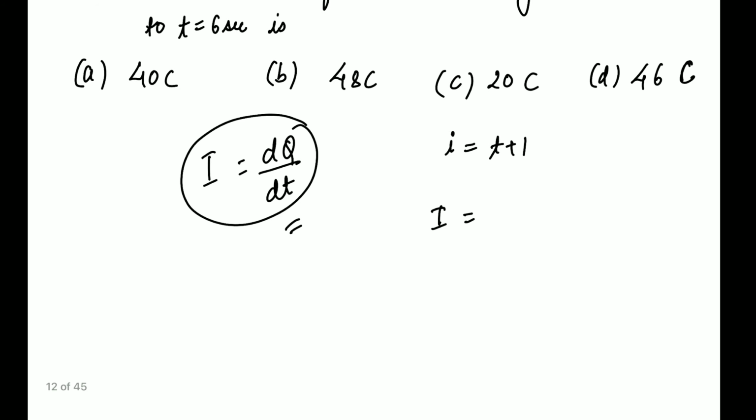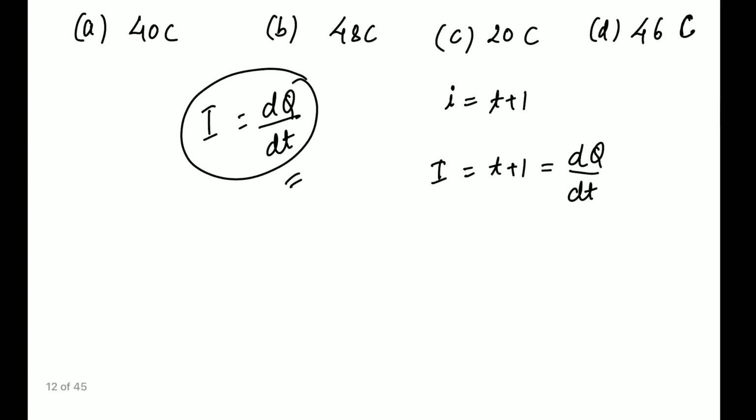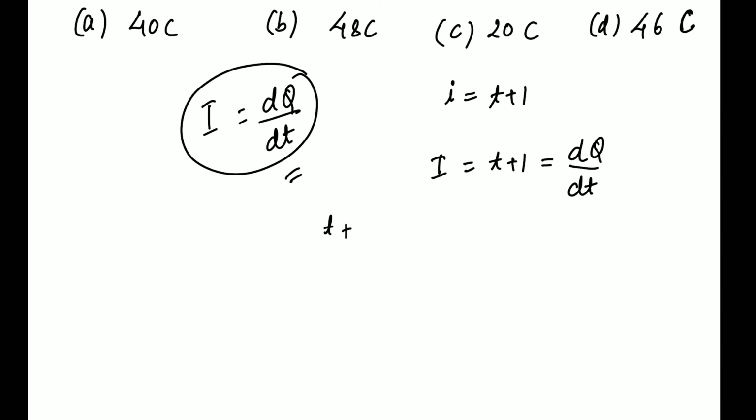Instead of I, we can put t plus 1, which equals dq upon dt. Cross multiplying, (t plus 1) dt equals dq.